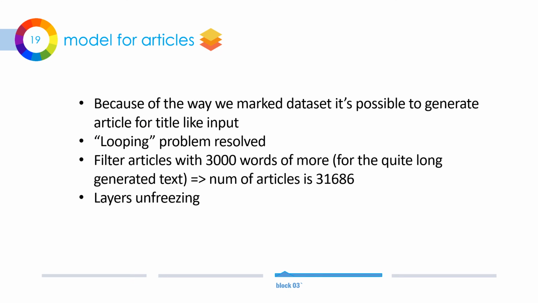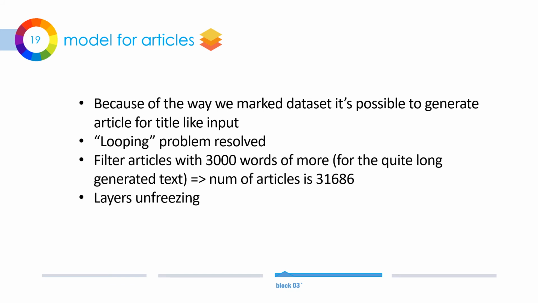Also, it was a very great idea to train the model on the fully marked dataset and then train a model for titles only to combine possibilities of both these models. With such architecture, we can use the output of the title generator as input for the article generator.